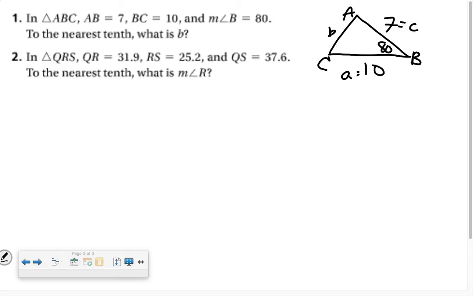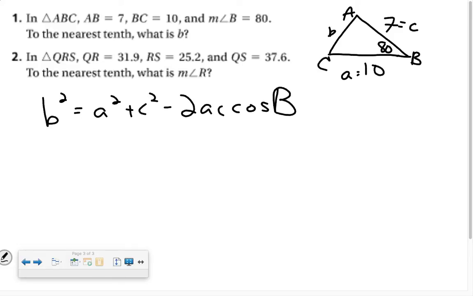So the side that I'm trying to solve for is b, so that's going to be all the way on the left by itself. So b squared is going to equal, I'm going to write the whole equation out without any of the numbers first. Okay, so b squared is going to equal a squared plus c squared minus 2ac times the cosine of angle B.